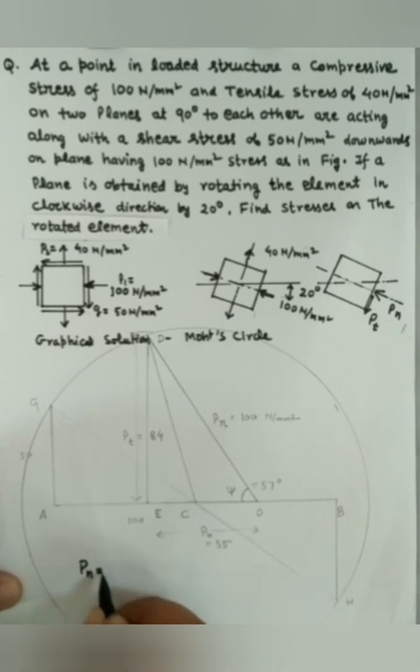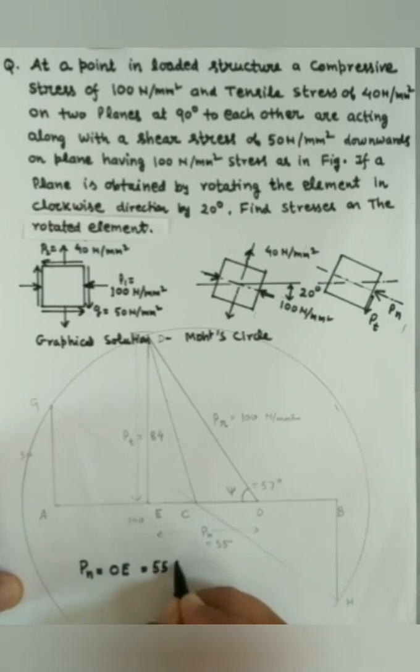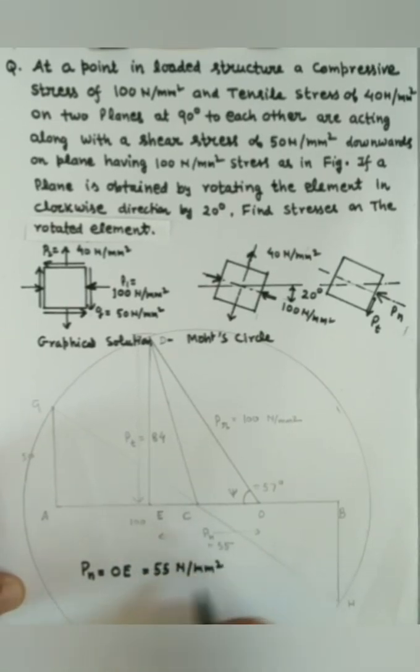So let us write down the values obtained graphically. Pn is equal to OE is equal to 55 Newton per mm square, and is in negative direction, so it is minus. PT is equal to DE is equal to 84 Newton per mm square.